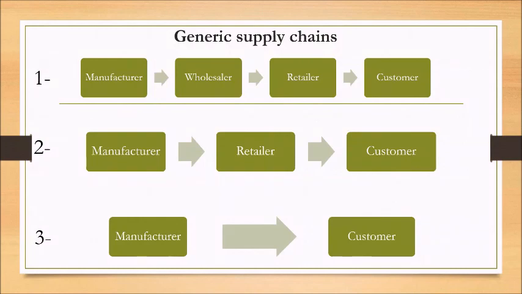So customers go directly to that small bakery shop and buy their product. So these are the various supply chains. It is not necessary to have all 4 or 6 components in every supply chain. That depends upon the size of the company and the nature of the product as well.